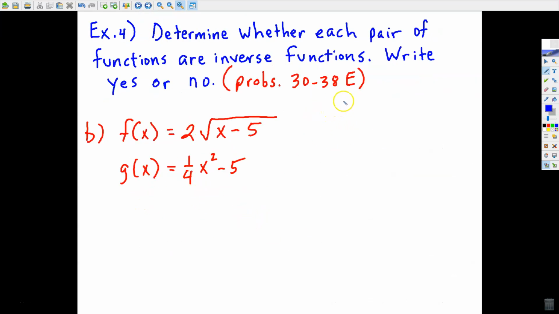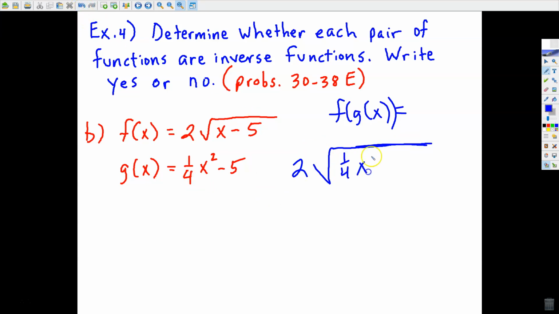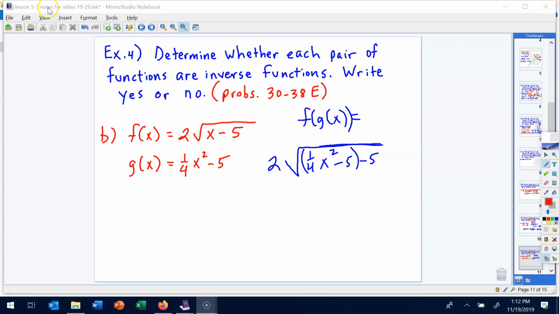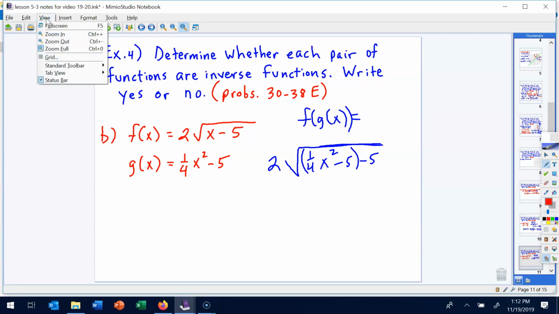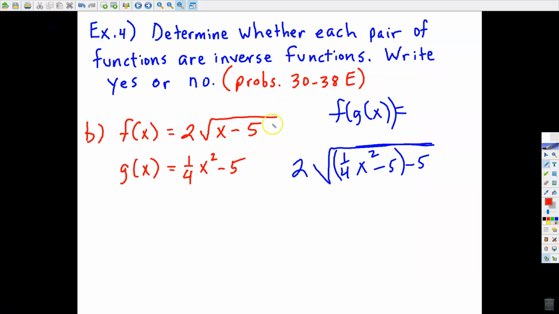All right, this is our last example of this. So let's do the composite f of g of x first. So take the g function, and we're going to put it in for x. One-fourth x squared minus 5 minus 5. So we've done this composite, and here's the result.